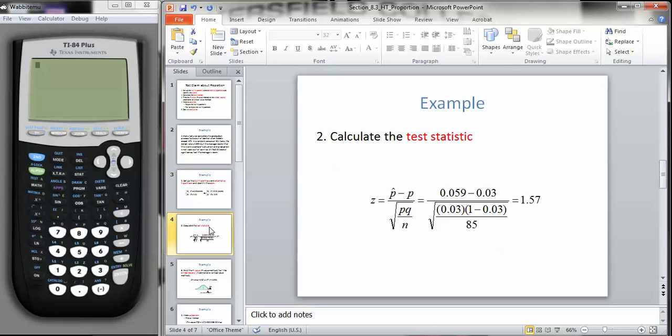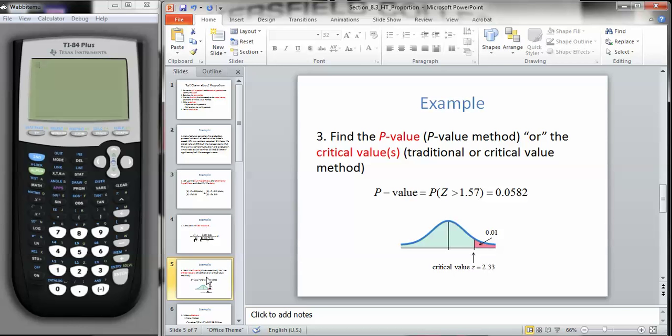On the denominator, we have pq over n, so this p is still the same p under the null hypothesis, and q is the complement of that, which is 1 minus 0.03. So be very careful that on the denominator, you use p and q. Do not use p hat and q hat. I have seen many mistakes like that in the past. Your n is the sample size, which is 85. So the test statistic is then z equals 1.57.